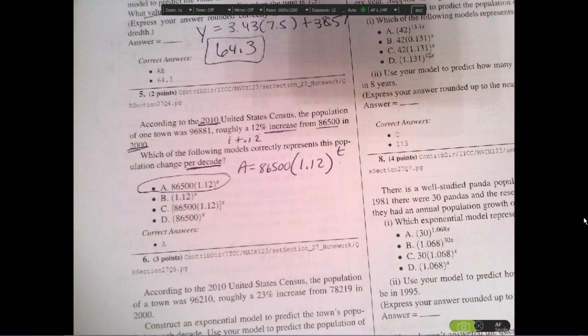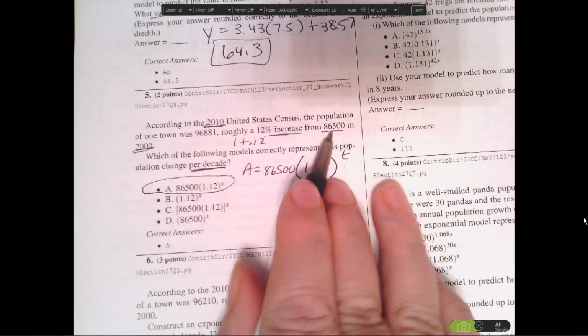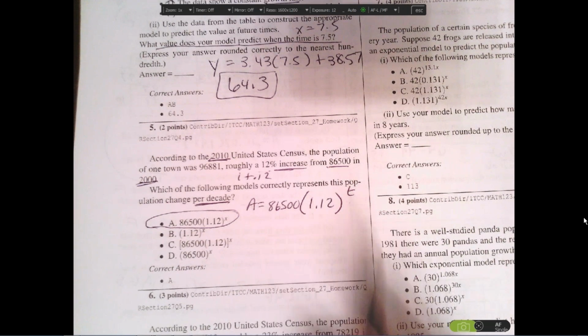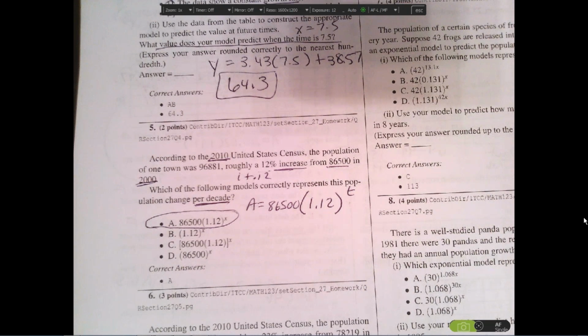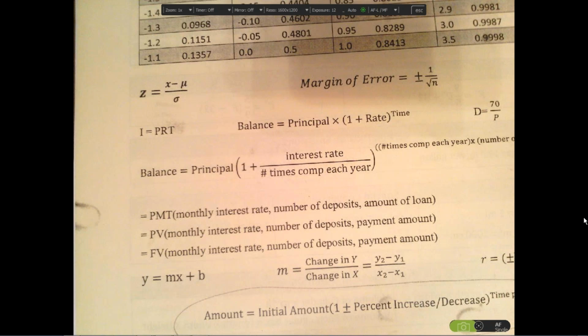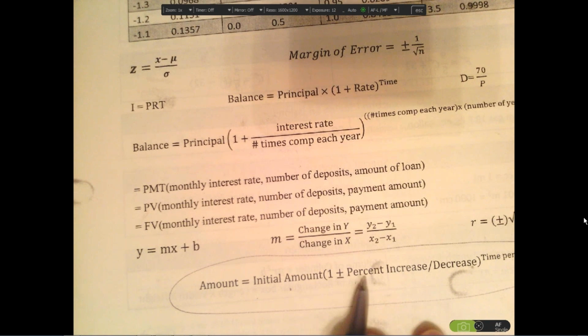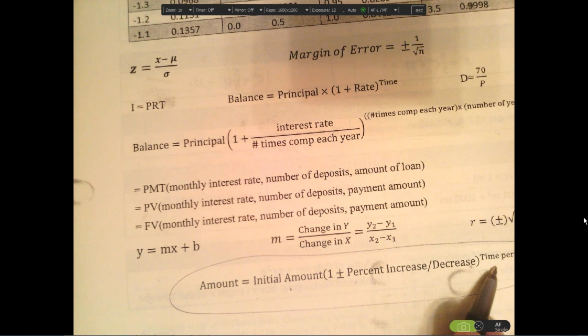No. The initial amount, the starting amount, was 86,500. You've got your formula on your formula sheet. I just use initials. You've got an initial amount, then it's 1 plus a percent increase or minus a percent decrease to a time period.